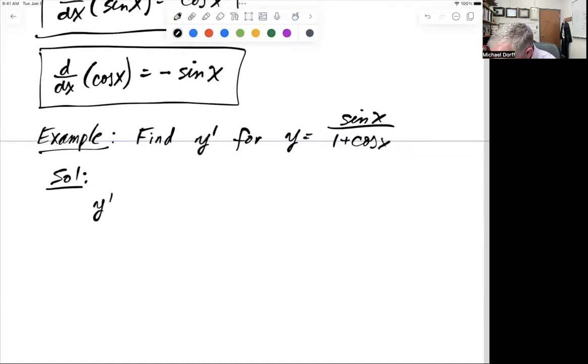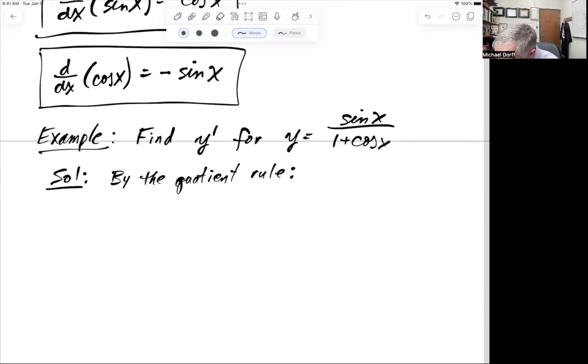So we'll start off y prime by the quotient rule. This gives you a little bit of a review, which is a good thing to do. Let me just start a little bit lower here.